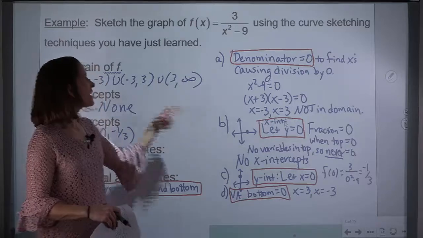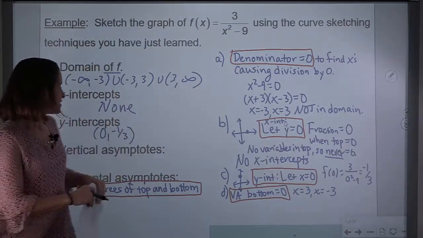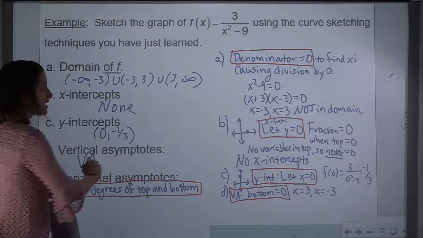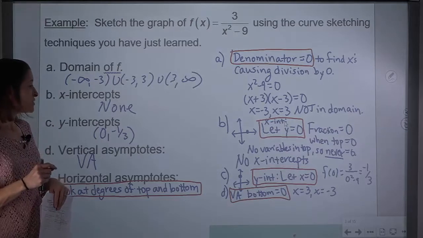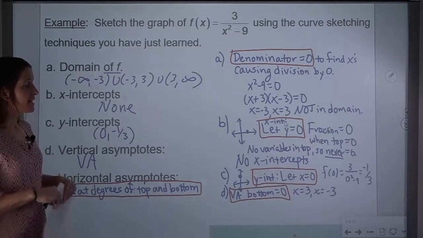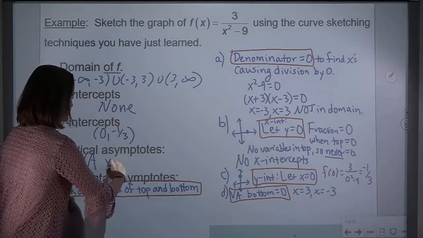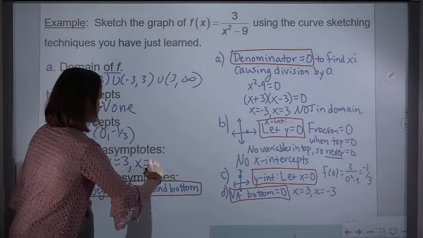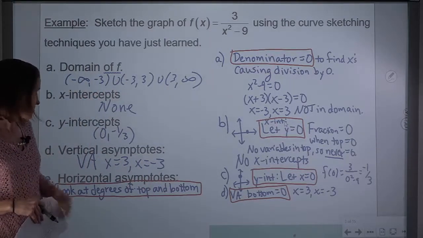Well, that's why those places are not in the domain, because there's vertical asymptotes there. So remember that an asymptote isn't just a number, it's an equation. So I do need to have x equals or y equals accordingly. In this case, it's nice because our work gives it to us, x equals. So those are our two vertical asymptotes, and we will sketch them into our graph.